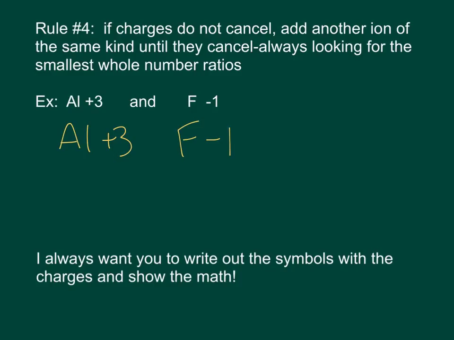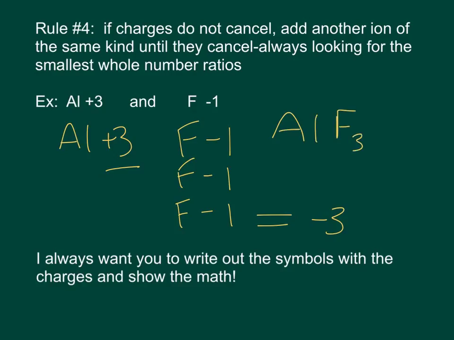So to get these to cancel, it's going to take another 2 fluorines. I'm going to have a total of 1, 2, 3 negative 1 charges. So now I have positive 3, and if I add those all together, negative 3. So I'm going to cancel. If I have 1 Al, how many fluorines do I have? I have 3. So I'm not going to write its charge, because its charge is negative 1, but I'm going to write how many fluorines I have.